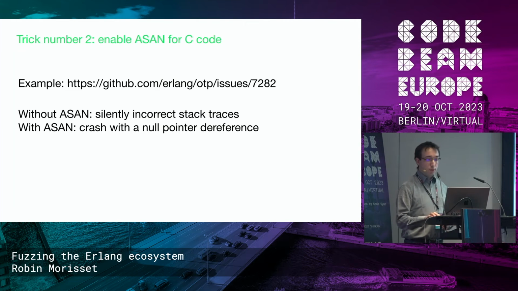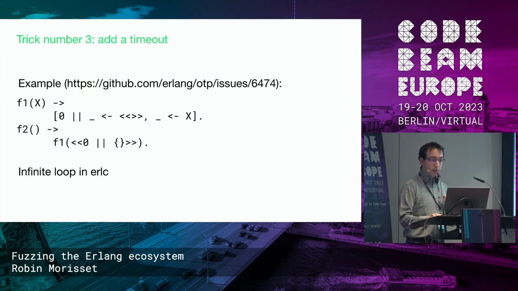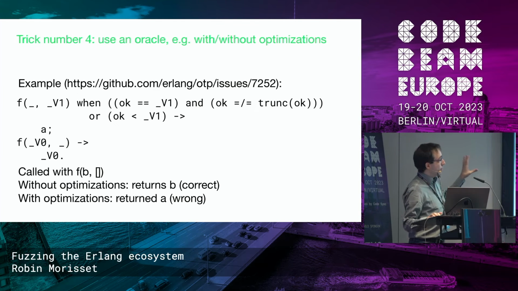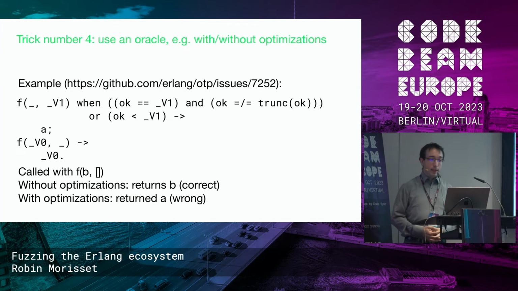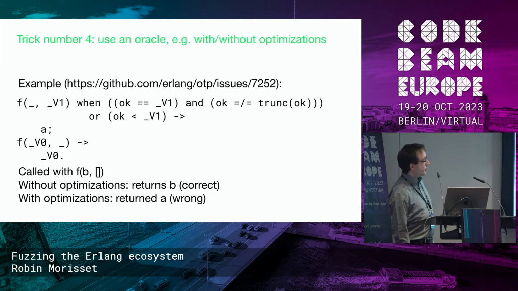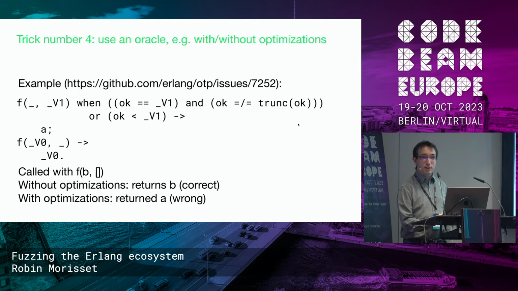So for example, if you're compiling the same program with erlc, both with and without optimizations, and then you feed both of these BEAM bytecodes to the BEAM, you expect to get the same results. This example is a bit hard to understand, but the main idea is that you're doing trunc on an atom, which is not valid.